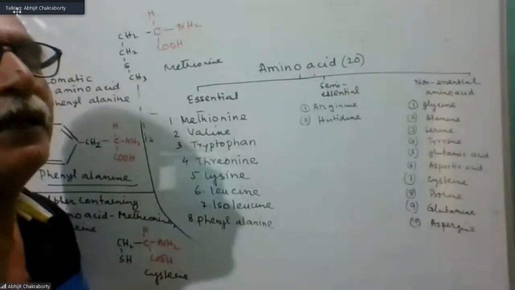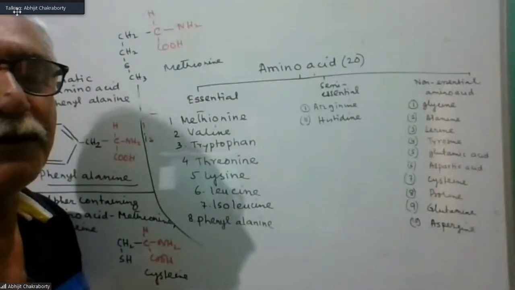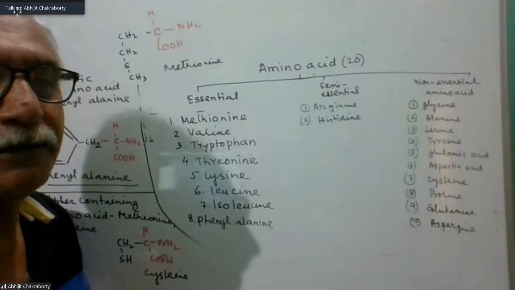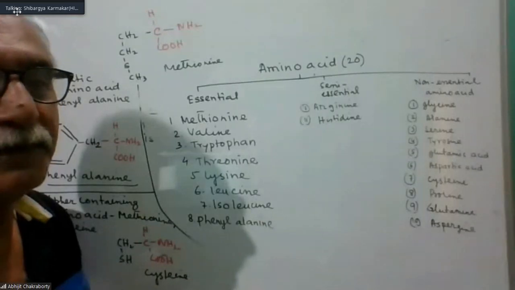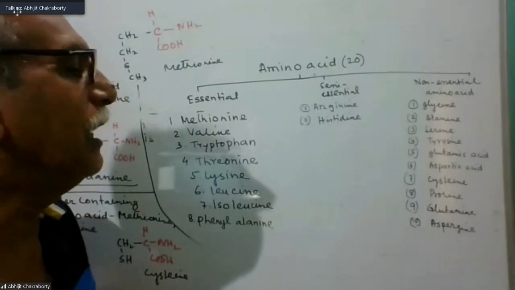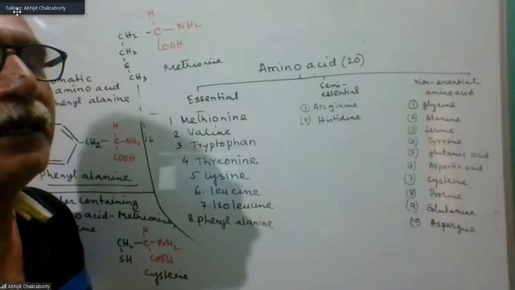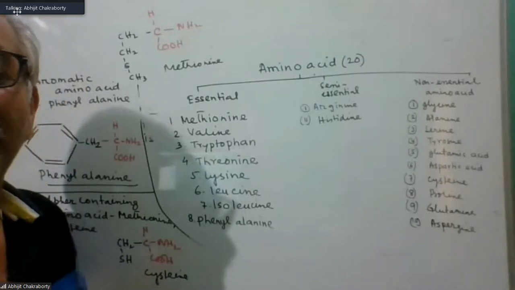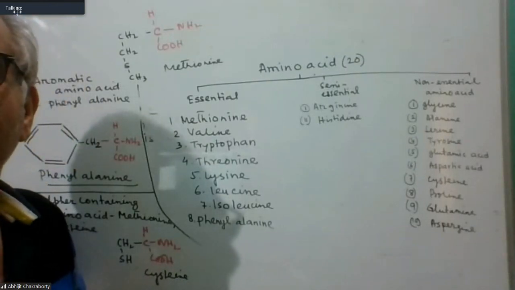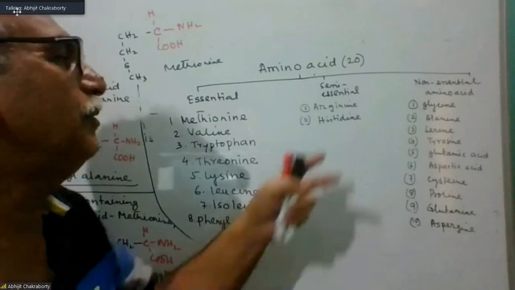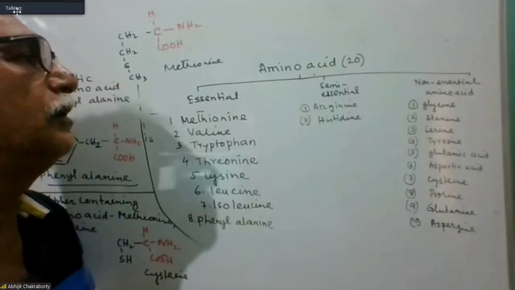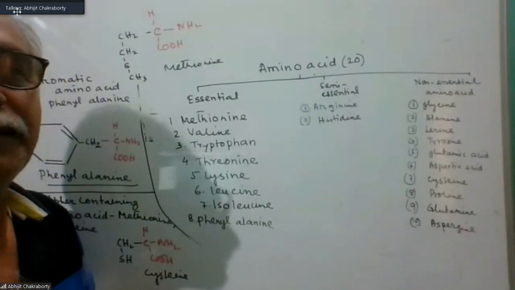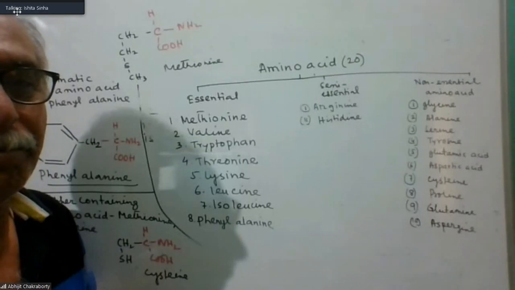Because they are found to be essential in childhood, but non-essential in the adulthood. বুঝতে পেরেছিস এবার? হ্যাঁ স্যার। In adult stage, you will get 12 non-essential, and in infantile stage, you will get 10 essential. বুঝেছো এবার? Yes. These two are under a separate group called semi-essential. Clear? Yes, sir.